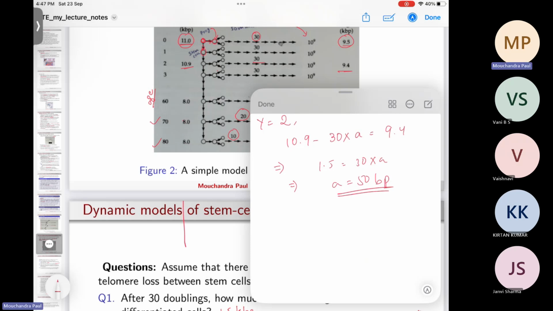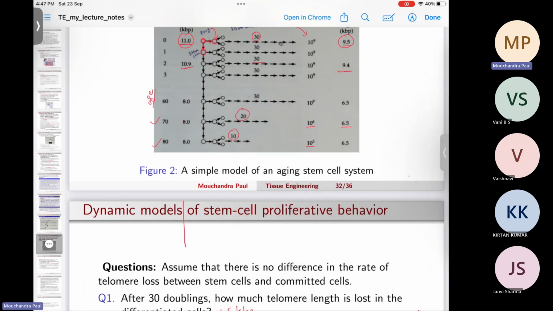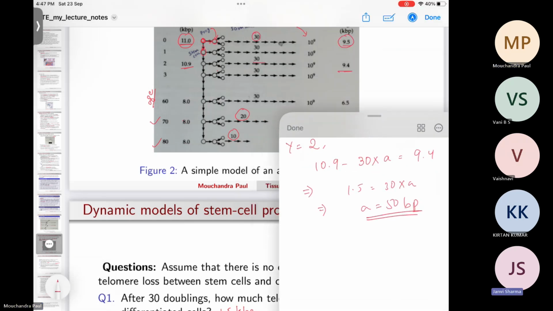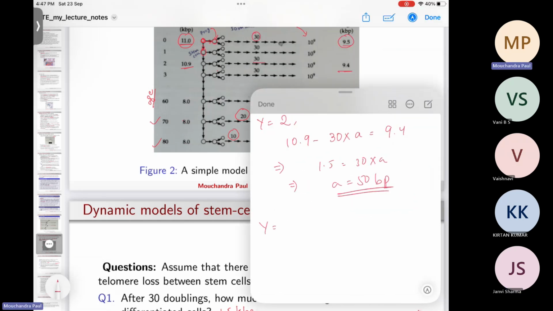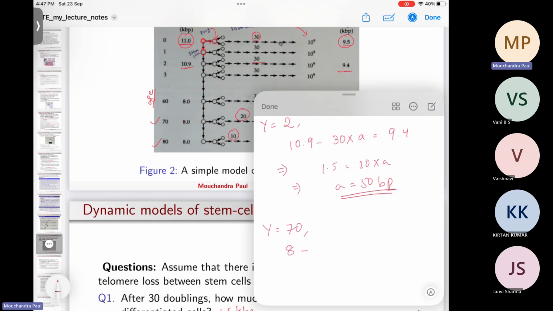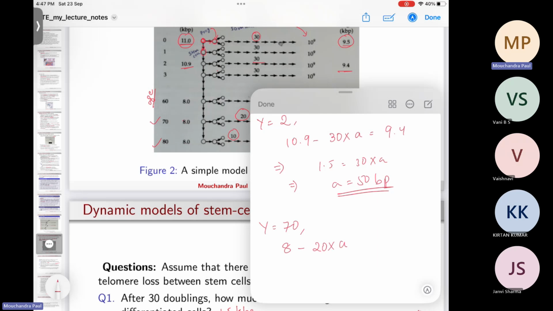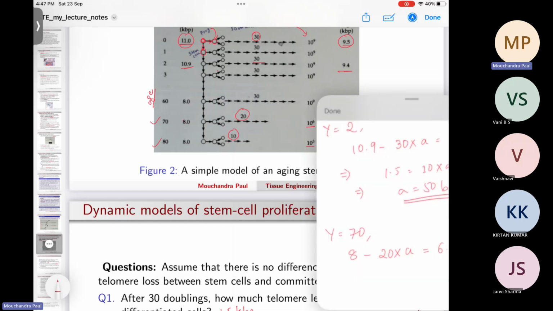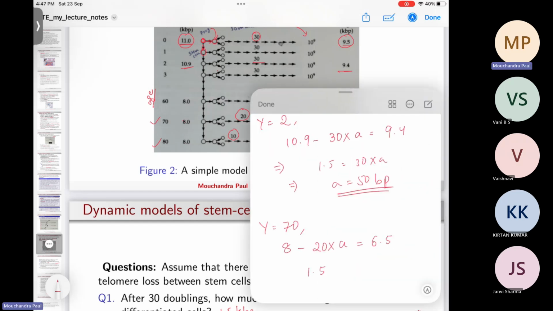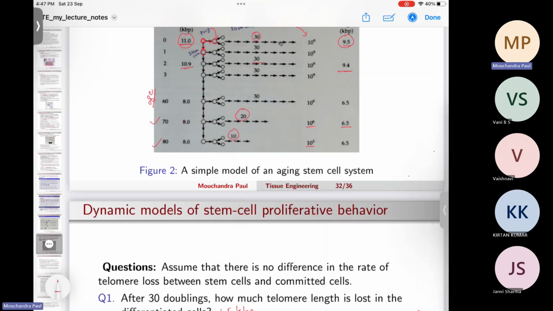Now, is it true for the case where the number of doublings is not 30? Is it true there as well? So we can check that. Yes, madam. So for year 70, you can check 8 minus 20 into a is equal to 6.5. There is a loss of 1.5, 20 into a, because here the number of doublings is 20, right?